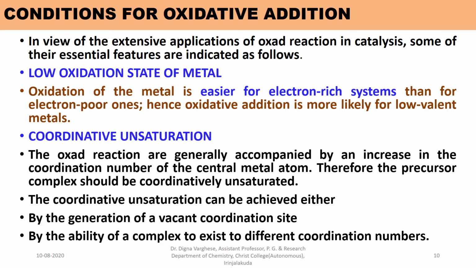Different metals have different coordination numbers, and if the metal can exist in a different coordination number, it can exist in both coordination number 4 and coordination number 6, or it can exist like coordination number 4 to 5, etc.